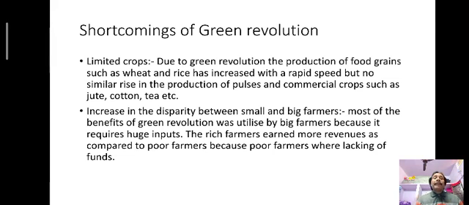Most of the benefits of the Green Revolution were in favor of big farmers, because the Green Revolution requires huge inputs, and these inputs could only be utilized by the big farmers because they had the surplus amount. The rich farmers earned more revenue as compared to poor farmers. Poor farmers were lacking funds and they were not capable of utilizing the inputs.